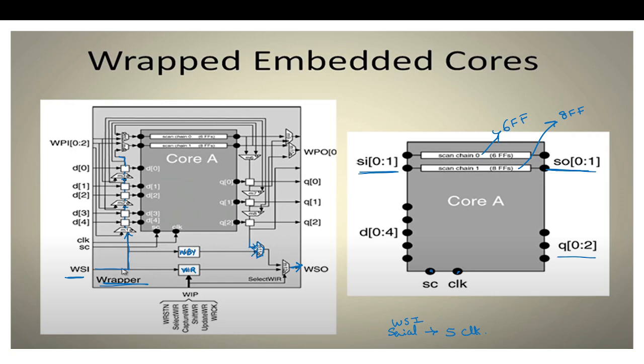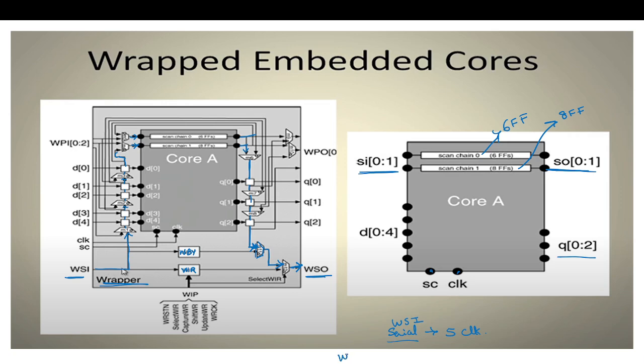So if we select this data from this multiplexer and this one selects this, we can shift out this response to WSO. Also through these scan chains, we can apply the patterns, and the response can be captured from the scan chain. So this way we can apply serially.